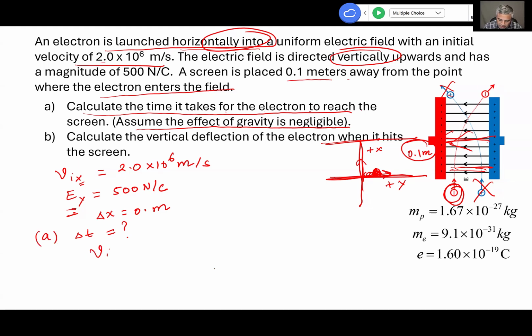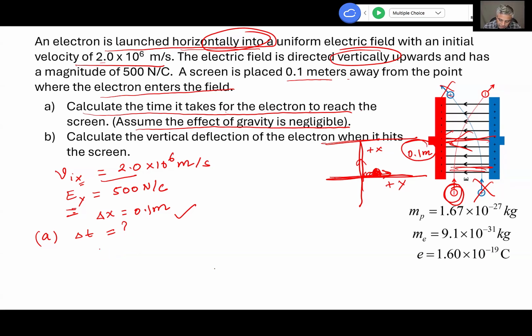So now using the equation, which equation should we be using? Displacement is given, right? Initial velocity is given, and we are interested in time. Final velocity we don't know.